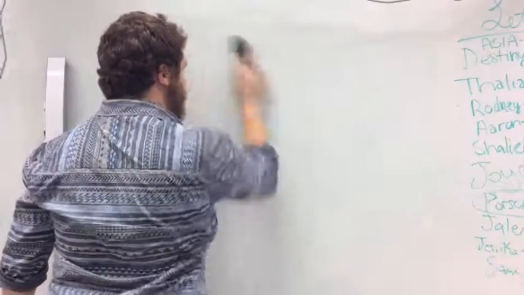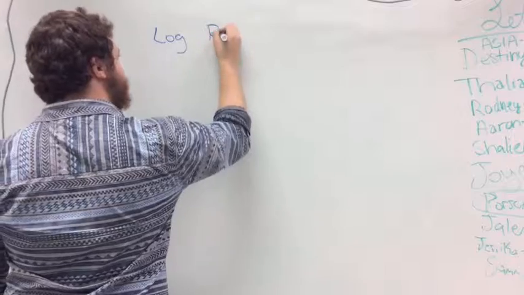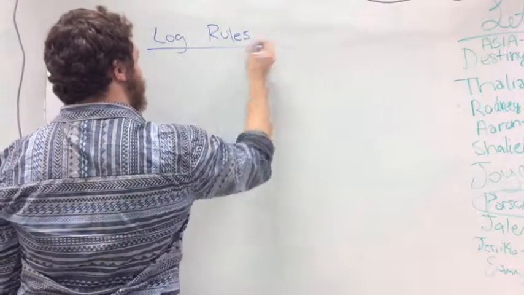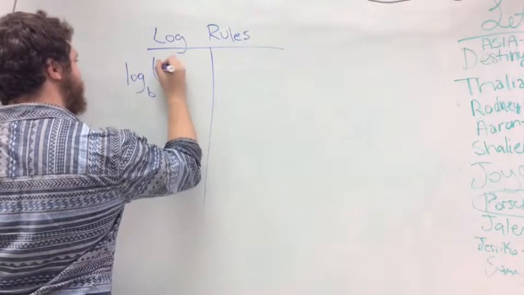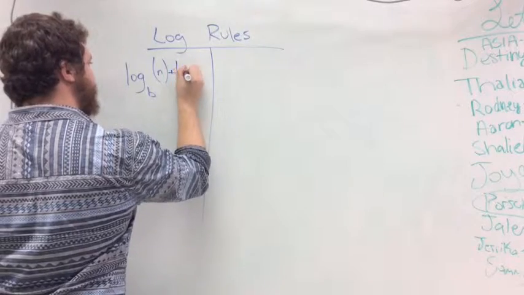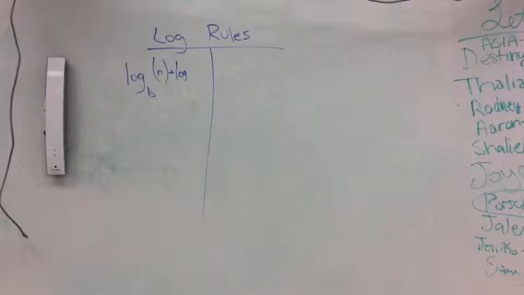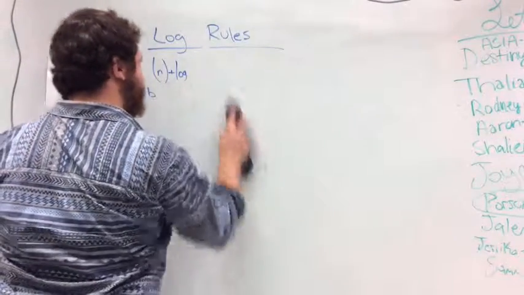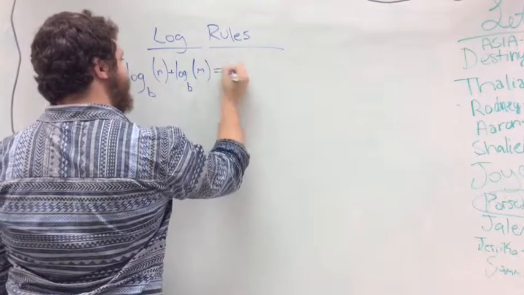Now log rules. I don't know why I just erased all that. If I have log base b of n plus log base b of m, then I get what?